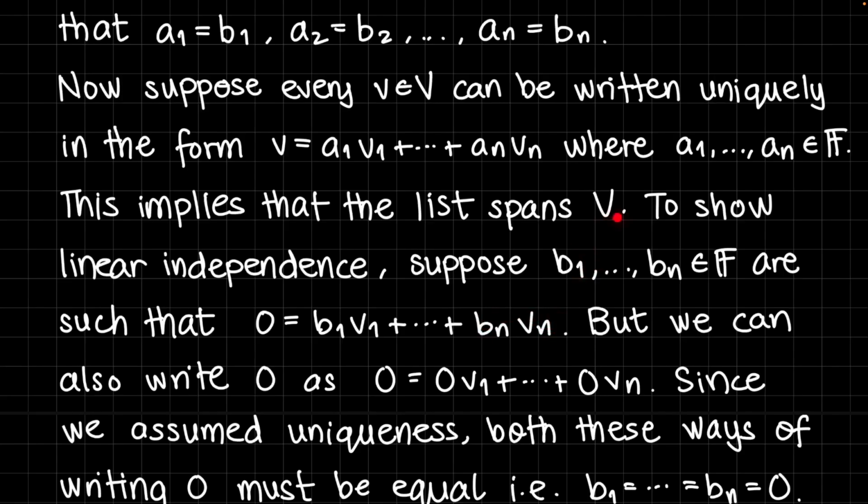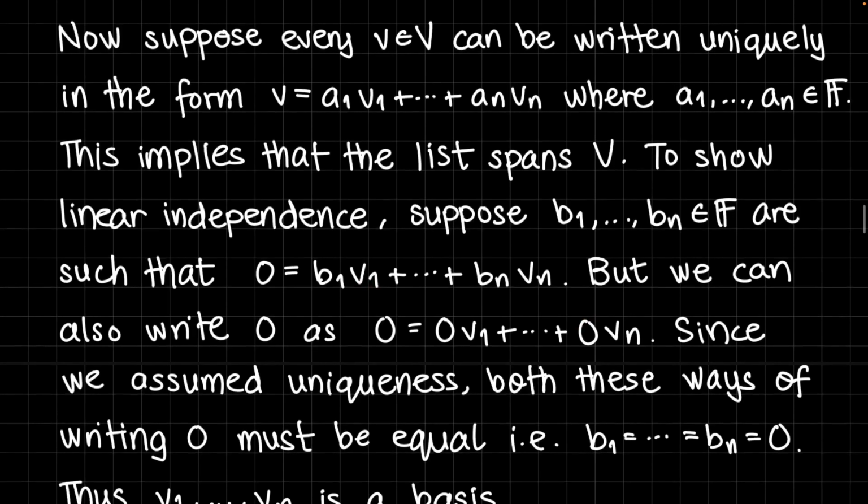Because v1 through vn spans V, and 0 obviously belongs to V, so 0 can be written as a linear combination of v1 through vn. But we can also write 0 as the expansion with all coefficients 0. So instead of b1, we can have 0 v1 plus dot dot dot 0 vn. And this is indeed 0 because 0 added to itself n times is 0.